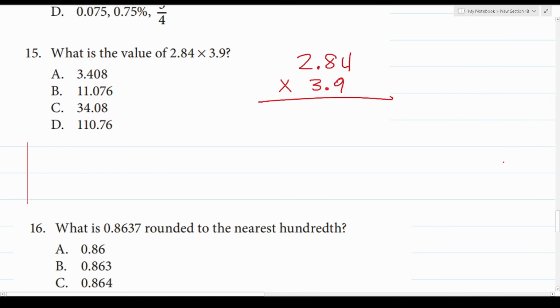So we're going to take this decimal and shift it 2 times to the right. I'm going to take note of that, and that becomes 284. And in 3.9, we're going to have to shift its decimal place 1 time to the right to rewrite that as 39. So in total, we shifted these decimal places 2 plus 1 is 3 places to the right.